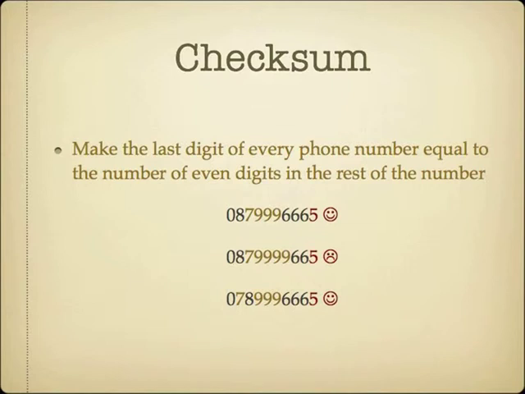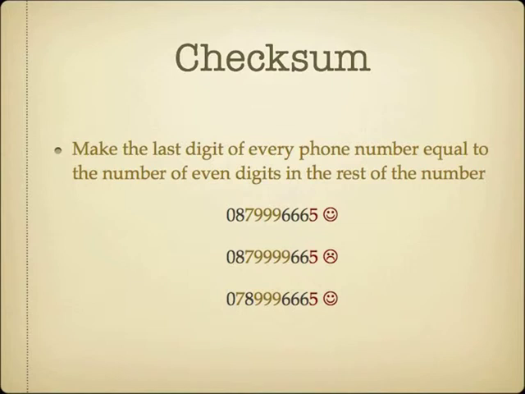Remember, 0 is an even digit as well. Now, if someone entered this number incorrectly as 087 999 9665, we'd know that something was wrong because the first portion of that number has only 4 even digits. But the checksum is saying there should be 5. So something has gone wrong somewhere.